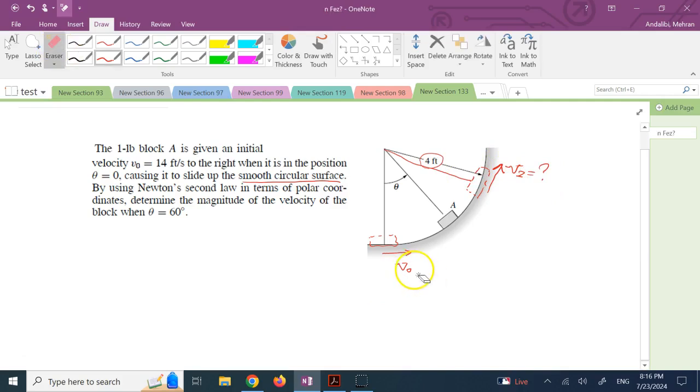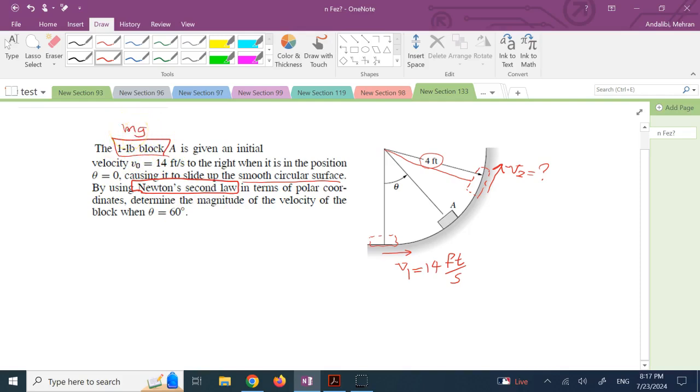V1 is the same as V0, which is 14. The surface is smooth, there is no friction, and you have to use the Newton method, not work energy. If you use work energy here, it is much simpler. But here it is specifically asking you to use Newton method, and the weight of the block is 1 pound. So here this 1 pound is m times g.